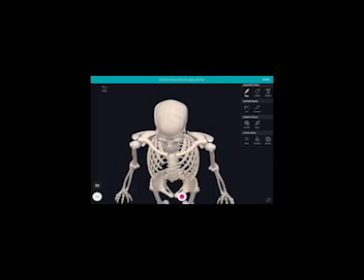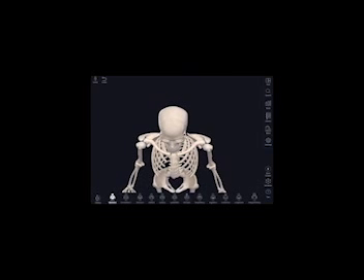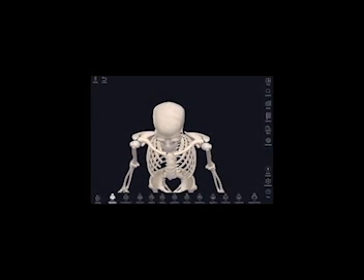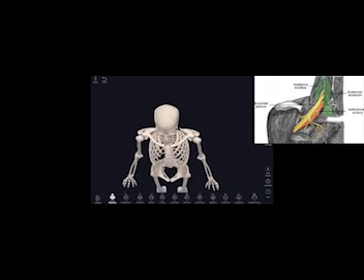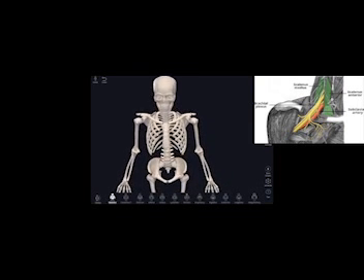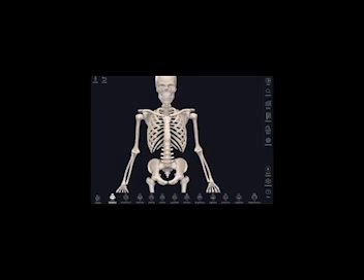The clavicle has a very important function. It protects the neurovascular bundle sitting right underneath the clavicle from any blunt trauma applied to the top of the shoulder. And the other important function of the clavicle is to provide stability or connection for the scapula and the humerus, which attach to the axial skeleton.